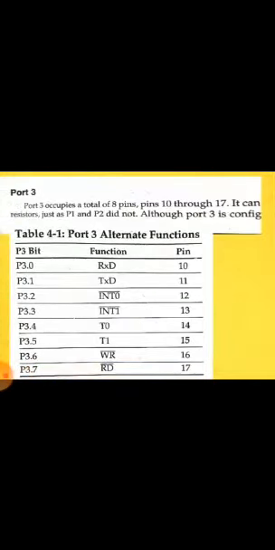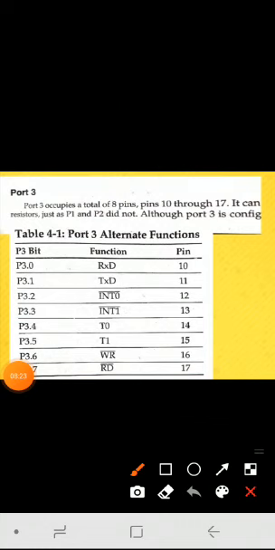Next we will go with port 3. Port 3 also consists of 8 pins. The location is between 10 and 17. They are multifunctional too. These port 3 pins are available for different functions, as shown in the table.